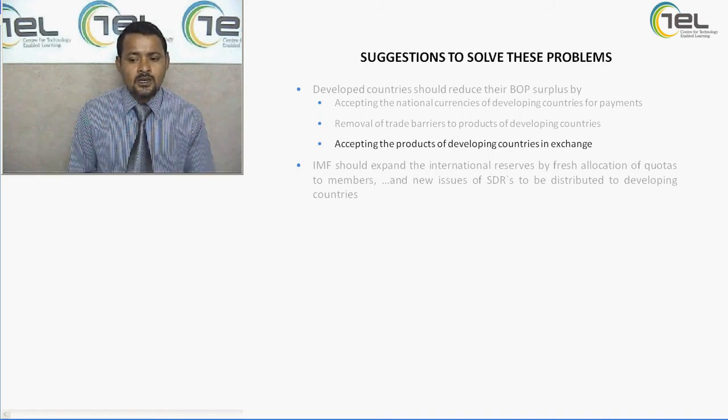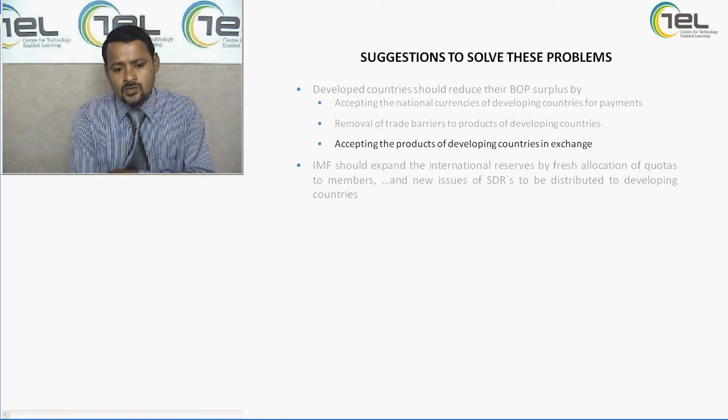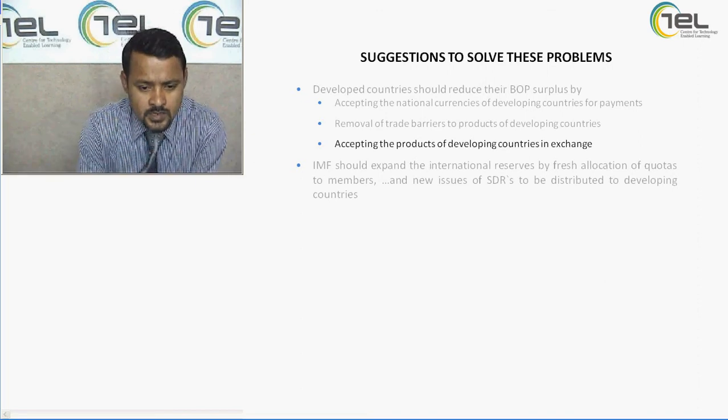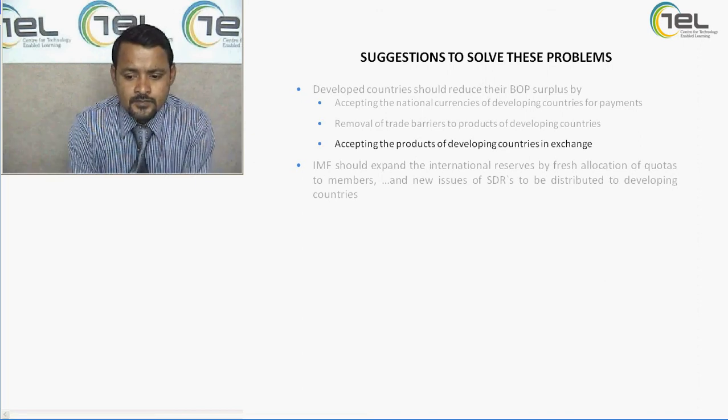Suppose 1 ton of sugar is produced in the United States of America for $45, and 1 ton of sugar is produced in Egypt for $33. So these sugars are going to be exported from Egypt to the United States.